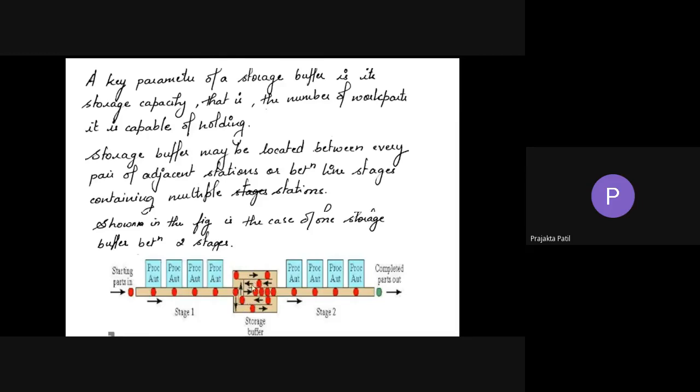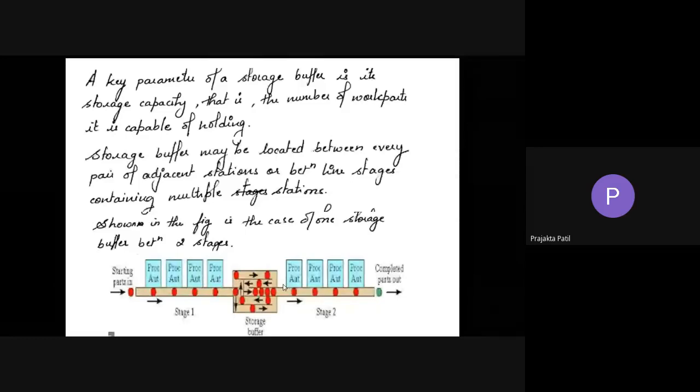Suppose this buffer storage was not there, what would have happened? This one stage breaks down, and because the part cannot move ahead, everything stops. So the workstations become very much dependent on each other.